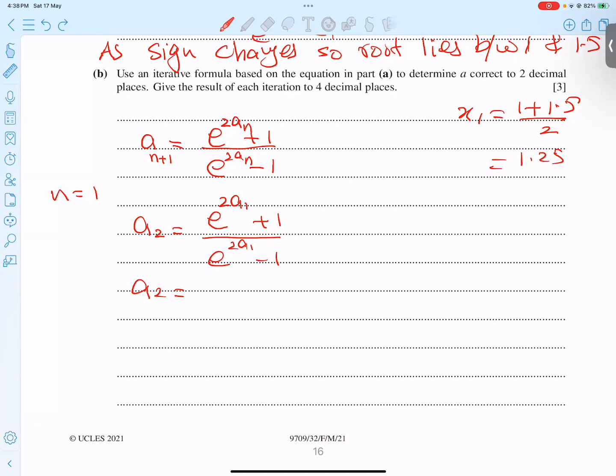So when I replace x with 1.25 in e to the power 2x plus 1 over e to the power 2x minus 1, I'm getting A2 as 1.17885 or 89, because he said 4 dp for the final answer, 2 decimal places.